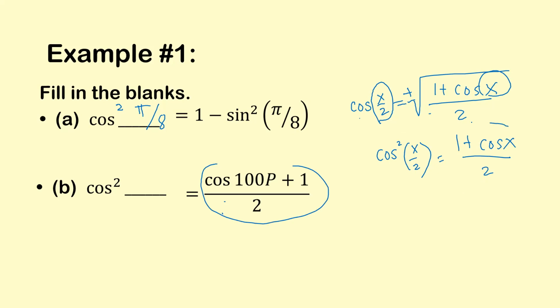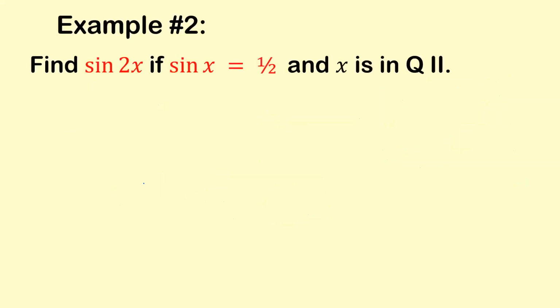Na ganito yung version niya. Okay? So x is equal to 100p. Tapos ito yung half of 100p. So 100p divided by 2 is 50p. So this is 50p.